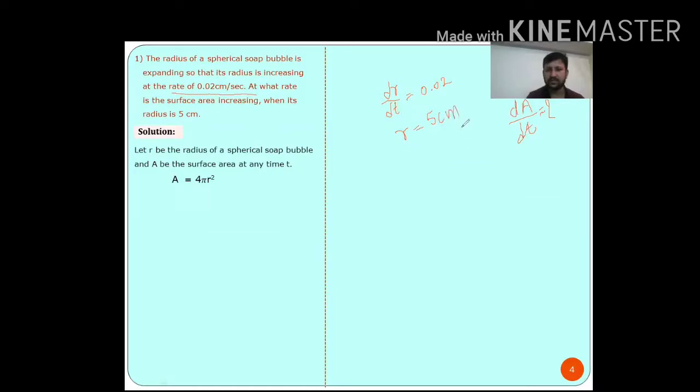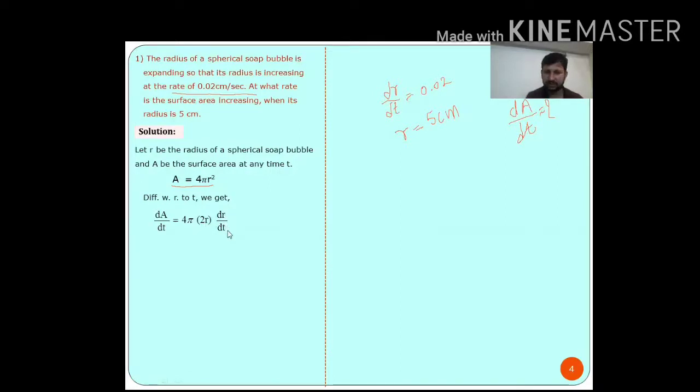So in the solution we have expressed the formula for area as A is equal to 4 pi r square. Differentiate this equation with respect to time t. We get dA by dt is equal to 4 pi as it is, derivative of r square is 2 times r into dr by dt.